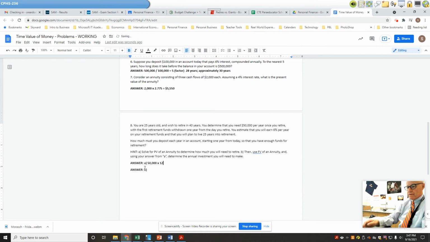So the present value of that annuity is 12.783. Again, I'm trying to figure out what lump sum I need at the point I retire in order to be able to draw 50,000 each year. I've got 50,000 times 12.783, and that is 639,150.